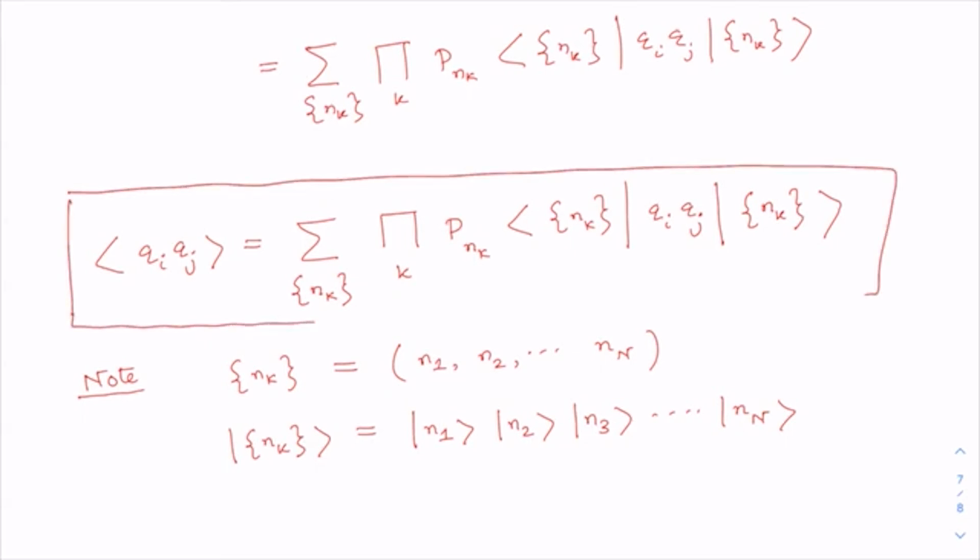Let me remind you of the notation: the bracketed n_k represents the collection of all n1, n2 up to capital N items, and this ket represents the direct product of the various number states corresponding to the oscillators.